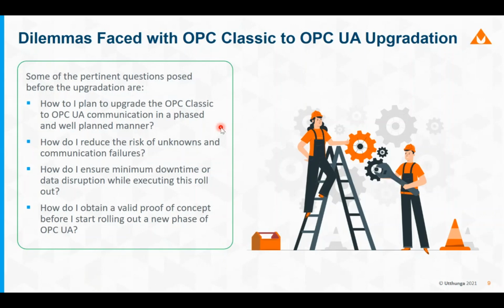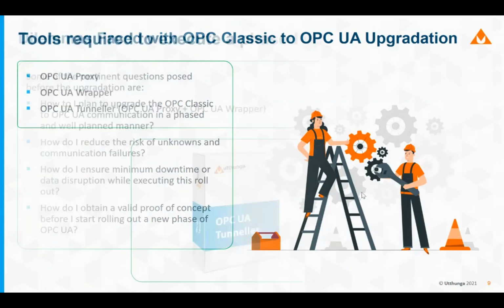And then when we went for the UA upgradation, when we put the client, when we put the server, we were always doing it in a phase-wise manner. So everywhere, before we went for the final rollout, we looked for some testing. We took 2 weeks time and tested the parameters before we went ahead. So all these 3 questions were answered.